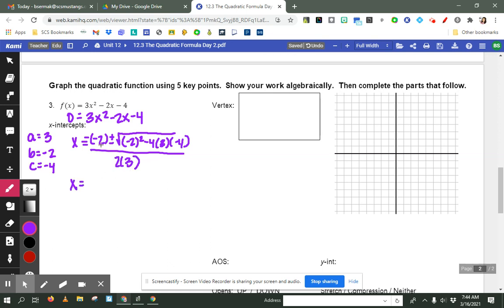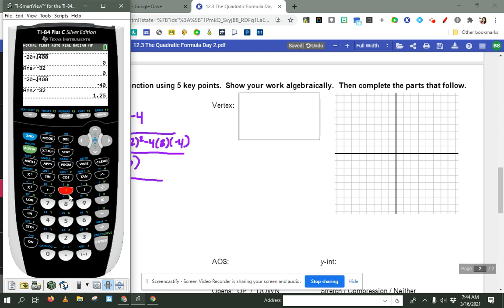Clean this up, we would have -2 becomes +2, and then type all of that into my calculator. Make sure I put the parentheses around the -2 when I square it.